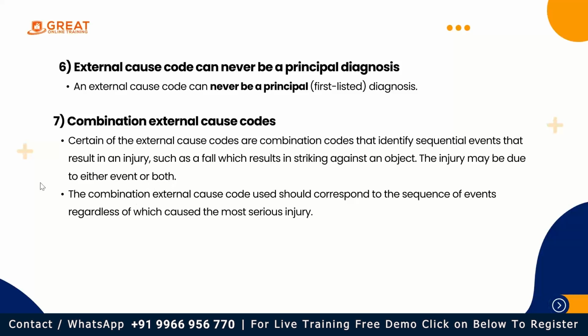So we have codes like fall with subsequent striking against object. The combination external cause code used should correspond to the sequence of events regardless of which caused the most serious injury.